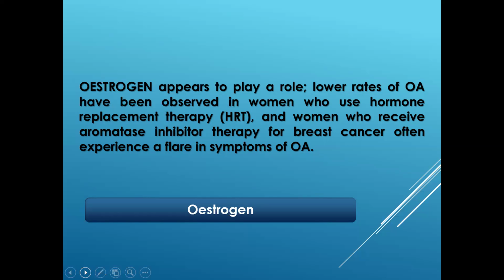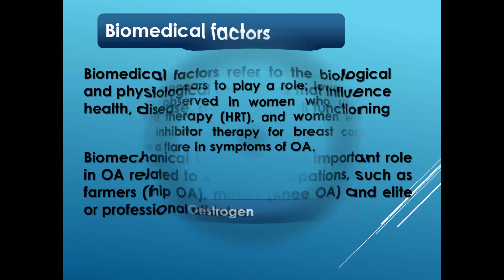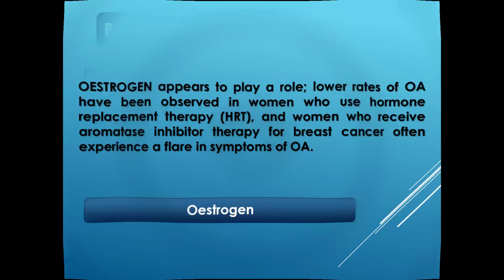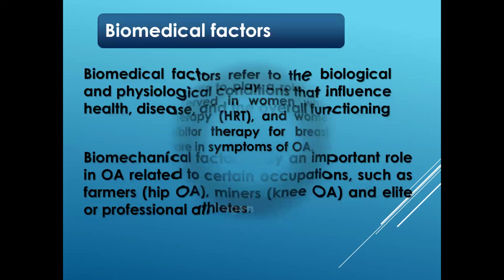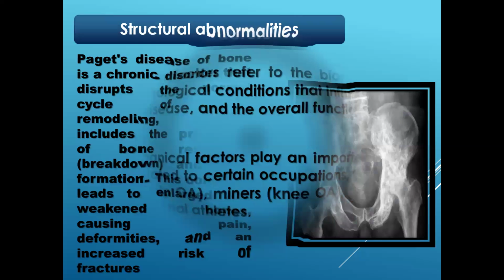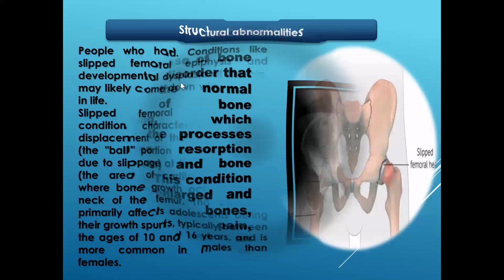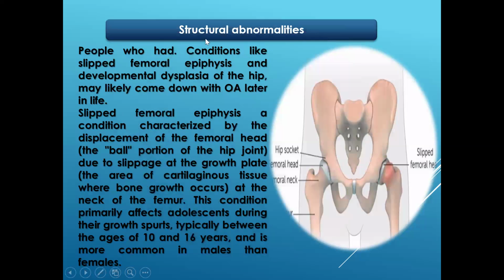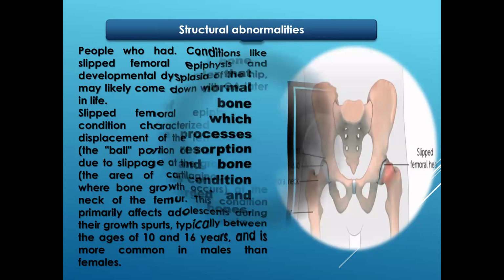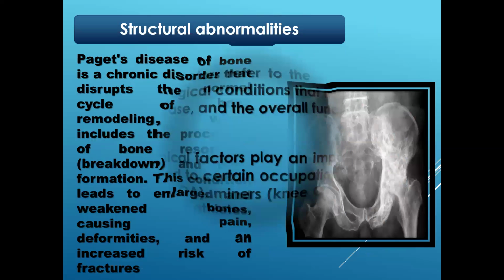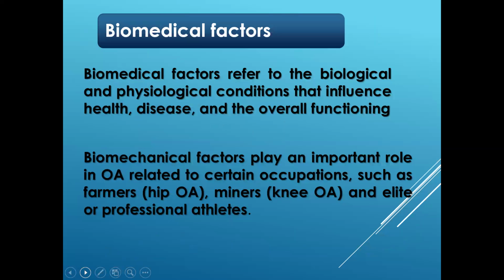All of these are incorporated under biomedical factors. So the factors that contribute to development of osteoarthritis include: one, genetic factors; two, structural abnormalities; three, biomedical factors.